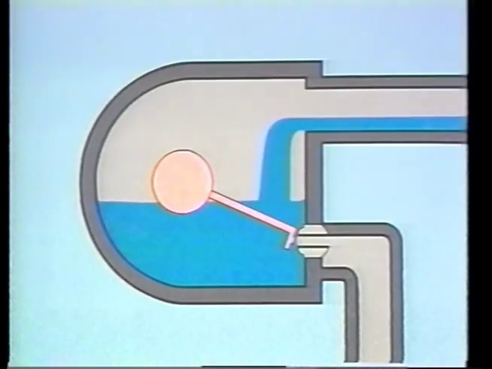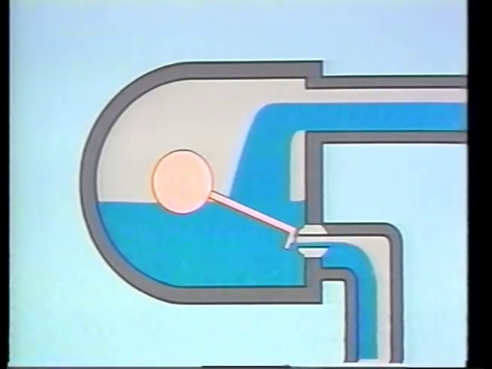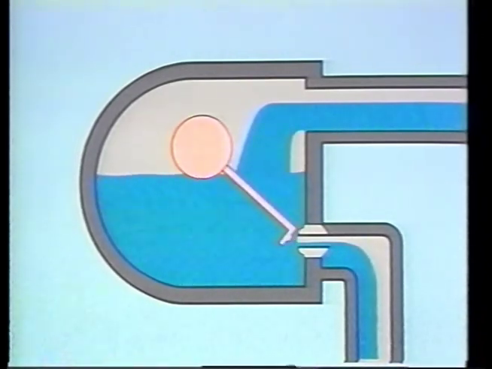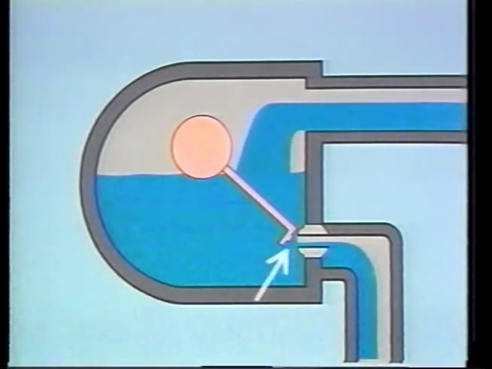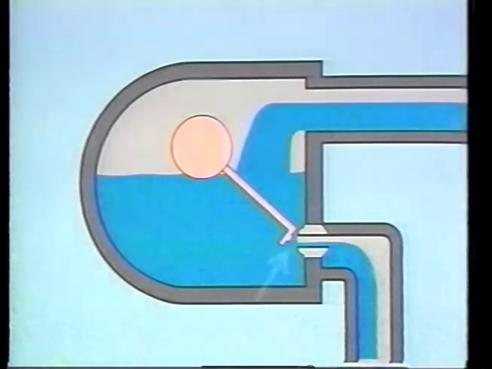When the condensate level is above the trap outlet, the trap valve opens. If there is a small amount of flow into the trap, there will be a small amount of flow out. If flow into the trap increases, the float will rise higher, the trap valve will open wider, and flow out of the trap will increase.